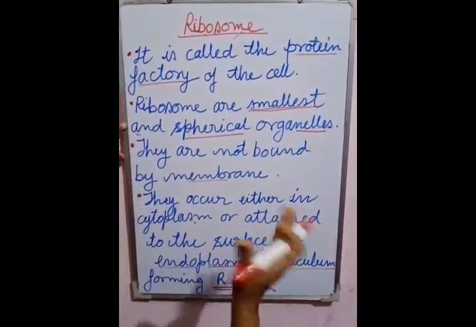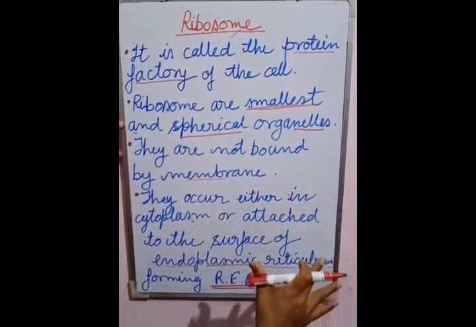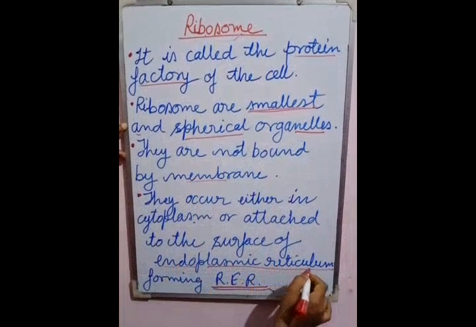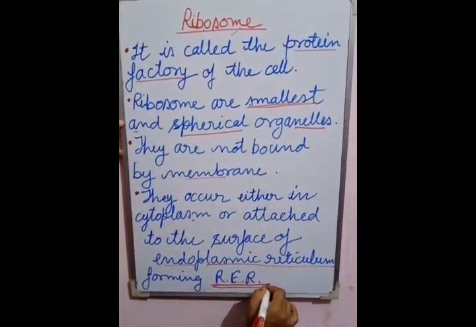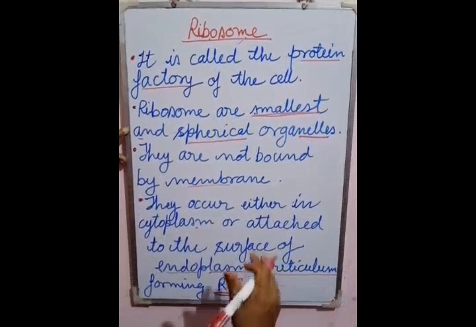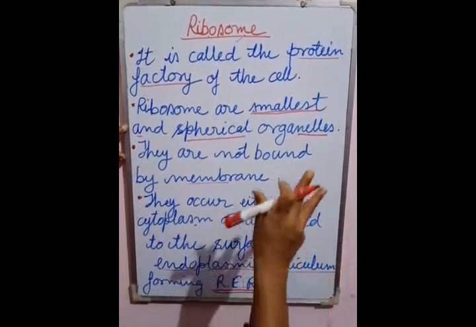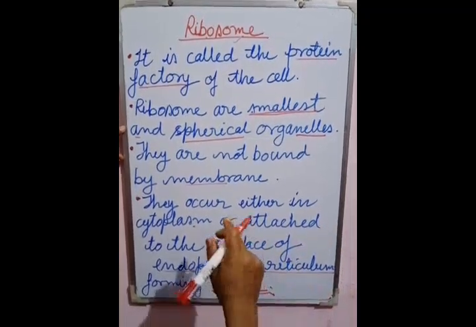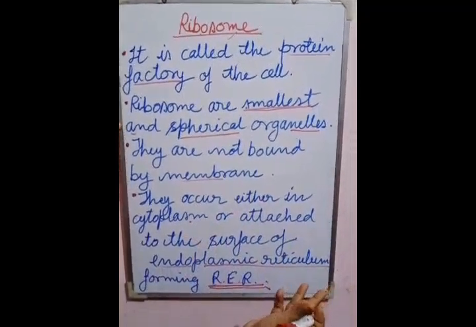First is the free form or the bounded form. Bounded form means they attach to the endoplasmic reticulum and form the rough endoplasmic reticulum. On the basis of the sedimentation coefficient, ribosomes are of two types, 70S ribosome and 80S ribosome.